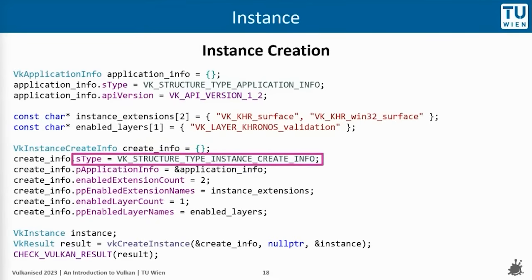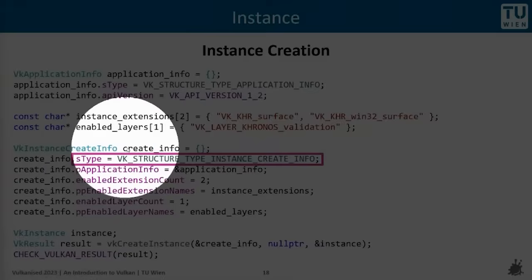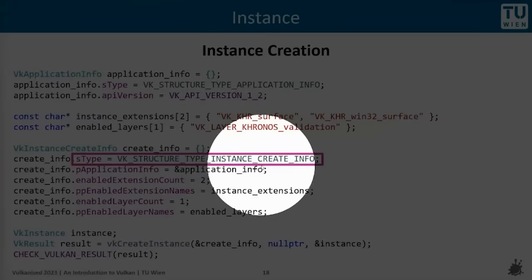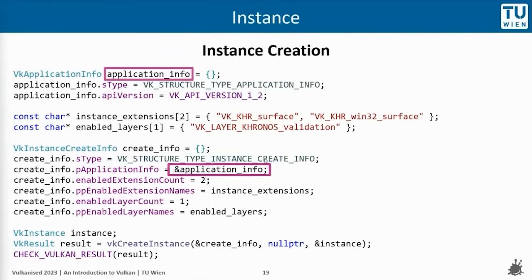Then for most of the structures there is this sType member, which you have to set to the type of the structure. In this case, the structure is called VkInstanceCreateInfo, and the structure type is VK_STRUCTURE_TYPE_INSTANCE_CREATE_INFO. The naming scheme is just this, and you have to do this for almost every struct that you're going to use today. Then we have pointer members, like I mentioned before, pointing to another configuration structure.